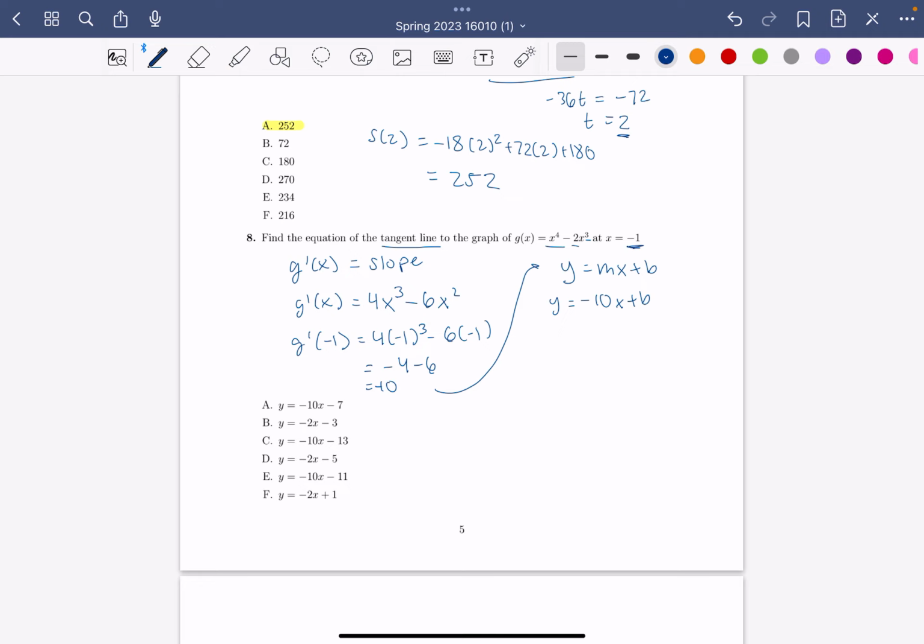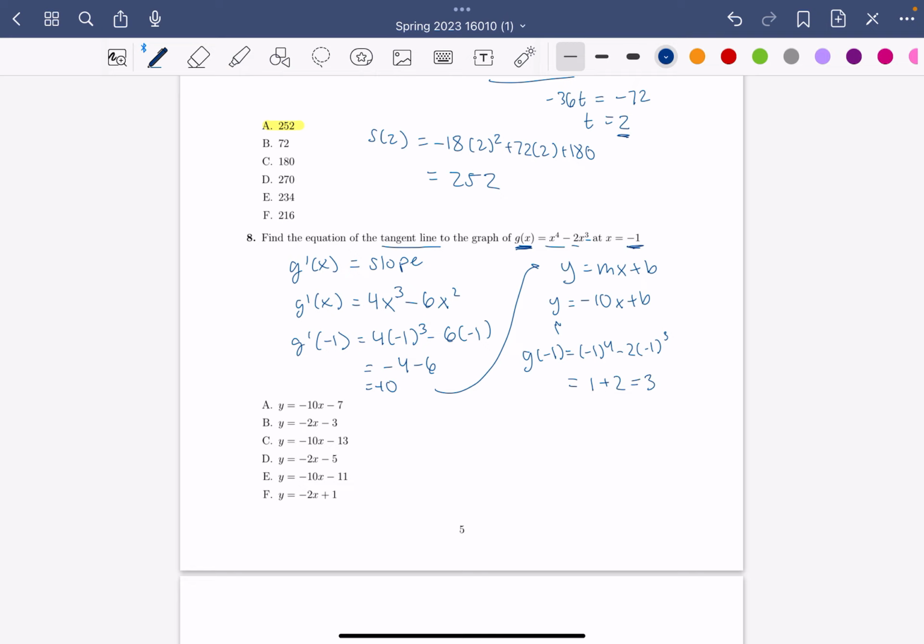Now, what do we plug in for y? Well, we need to find y from the original equation. So g of negative 1 equals negative 1 to the fourth minus 2 times negative 1 cubed, which equals 1 plus 2, or 3.